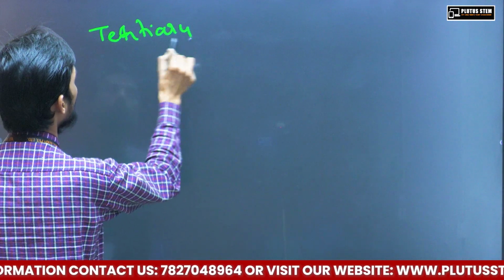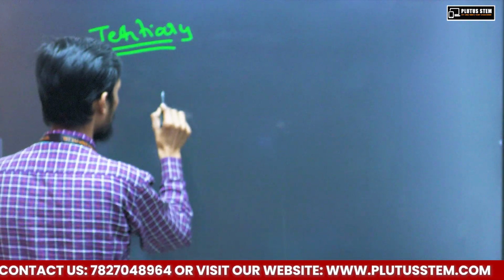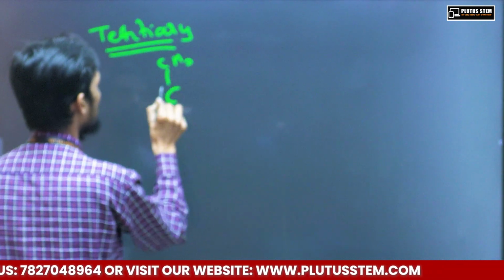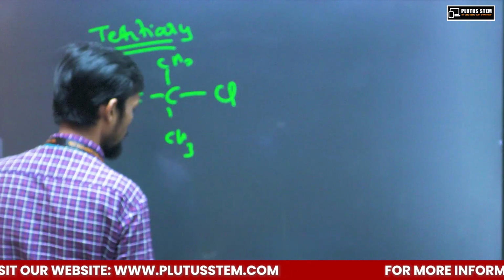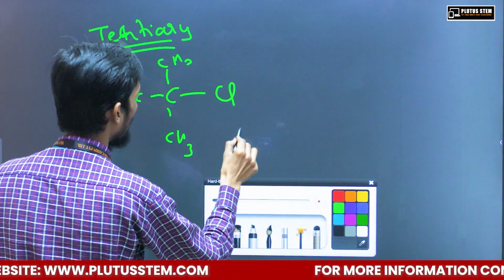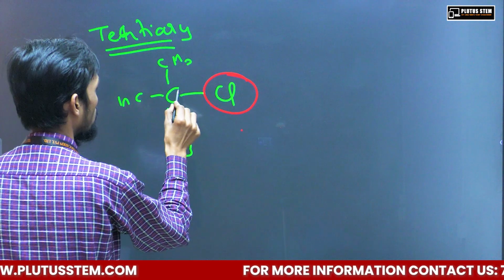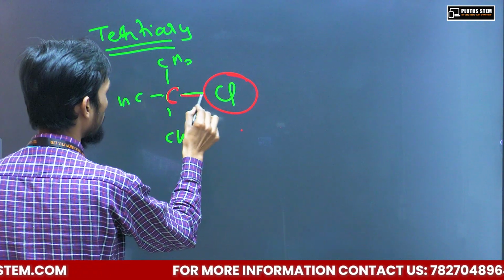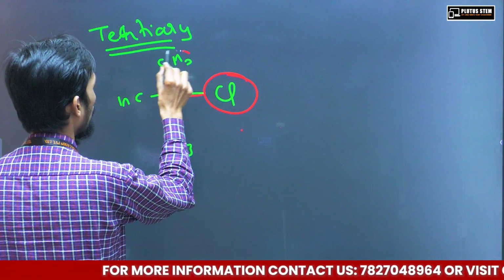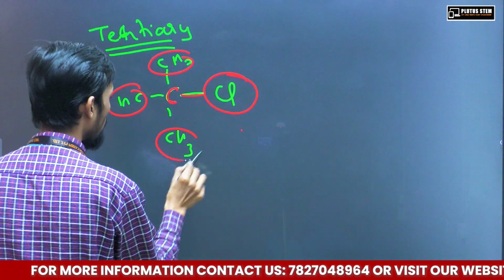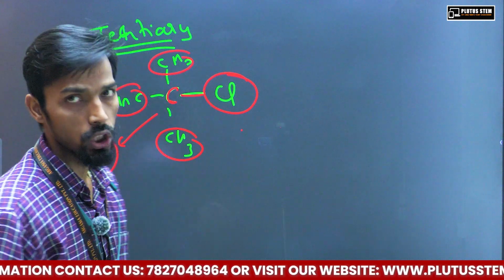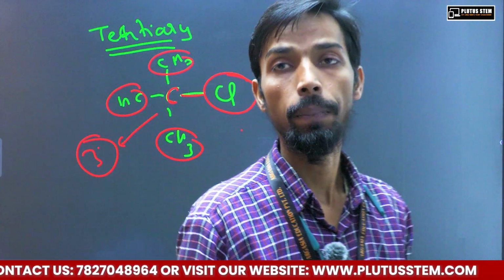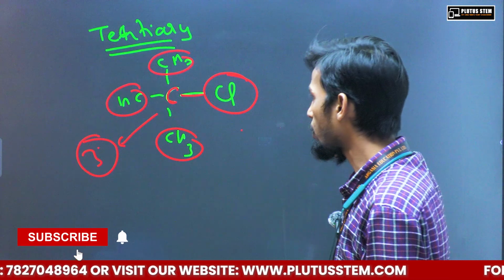For tertiary, if you see, this will be CH3, CH3, CH3, and Cl. So how many carbons are attached? The carbon is attached to this carbon, and this carbon has 1 carbon, 2 carbon, and 3 carbon. So it is going to be 3 degree, or we can say tertiary. So do you expect we are going to have a quaternary?